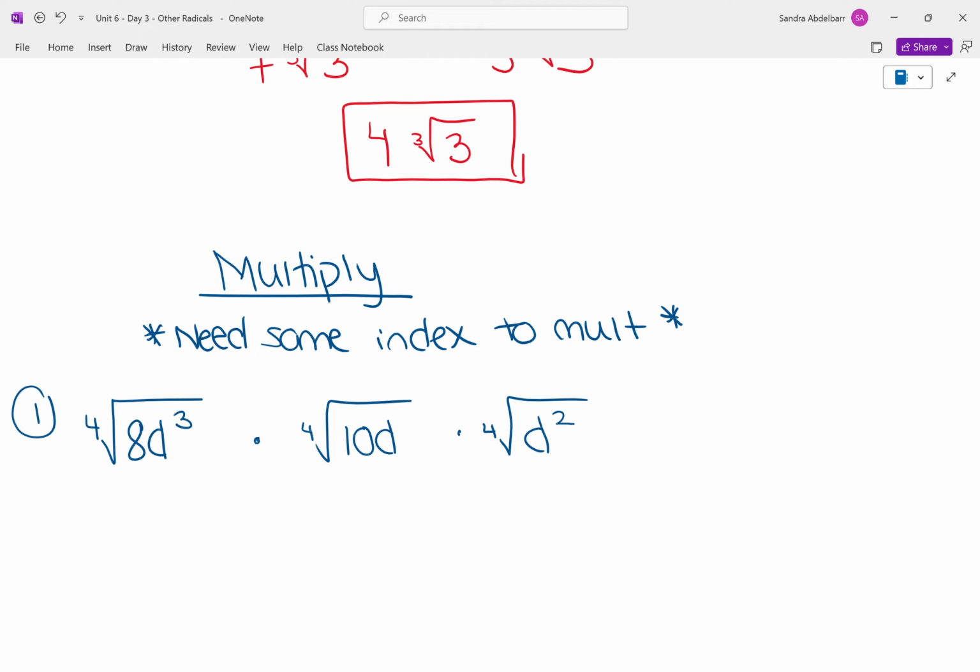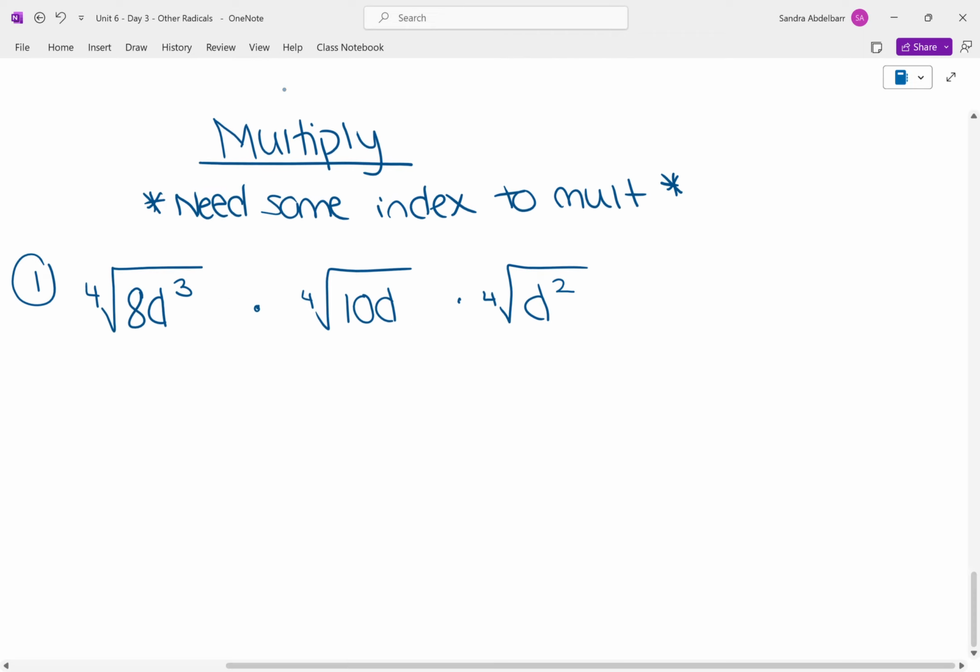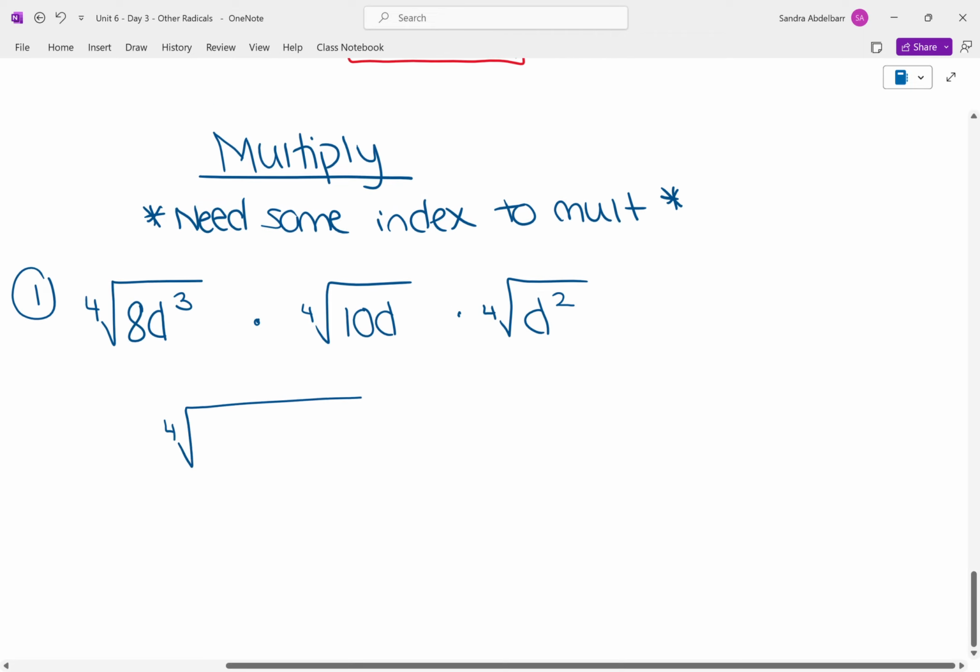Okay, they all have the same index of 4, so you have options. What you can do is try to simplify first and then multiply, or you can multiply and then try to simplify. It really does not matter.